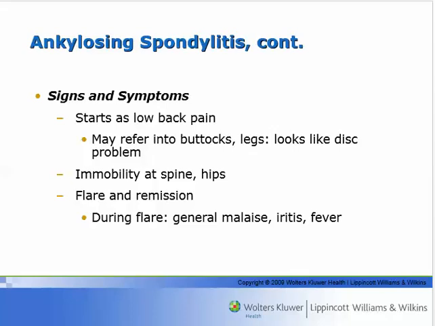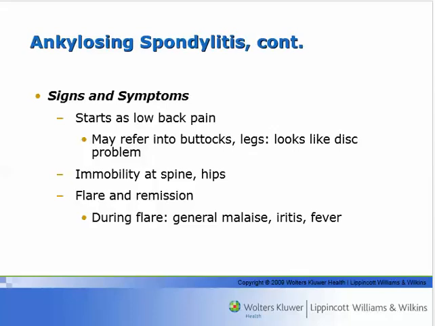So often the presenting symptoms are low back pain. It often resembles a disc problem or an acute SI problem, but it doesn't have the same history. There's no history of trauma. There's no history of lifting injuries or falls or anything like that.